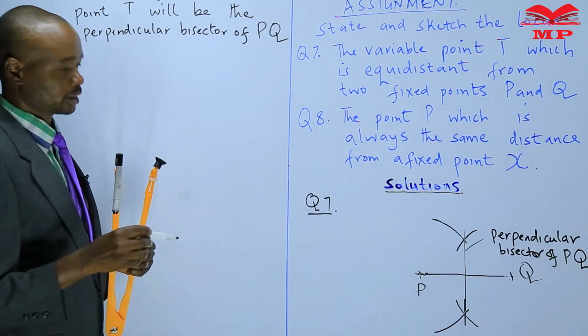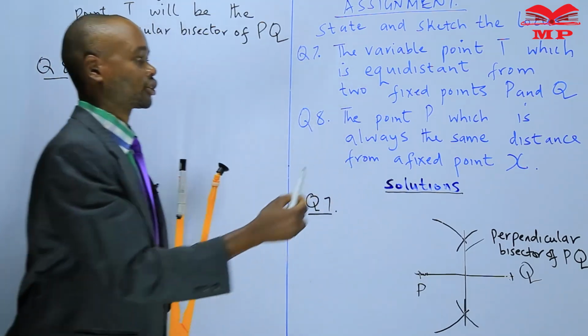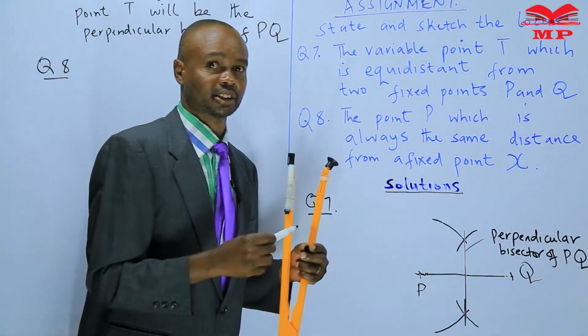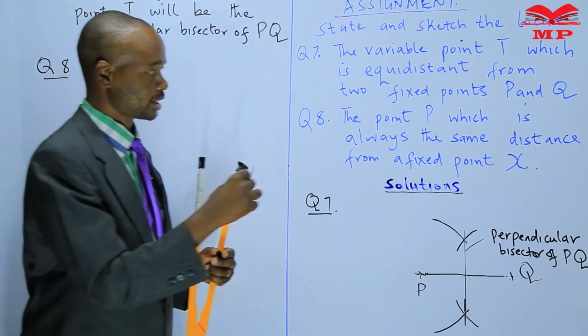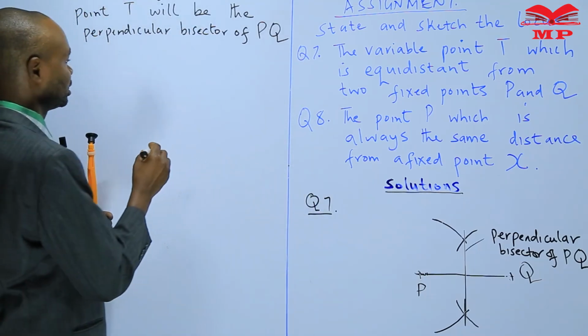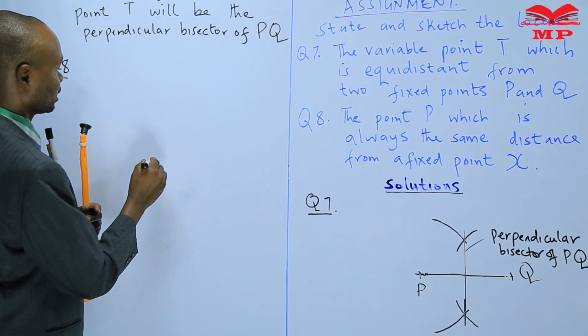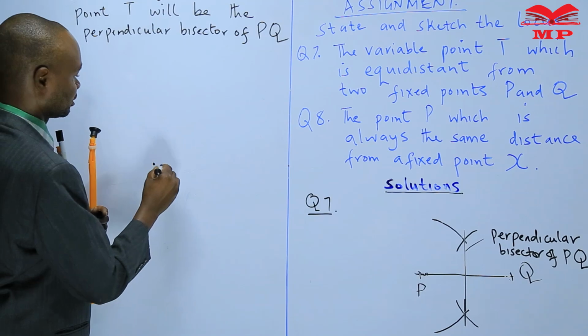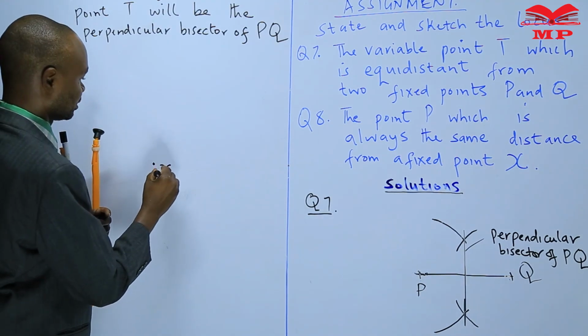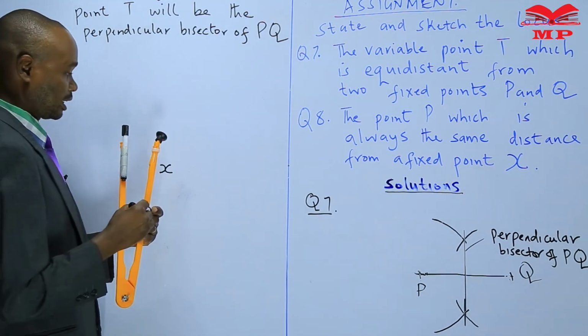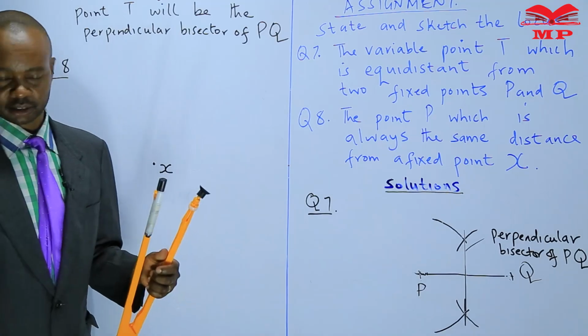There is a law there which is always at the same distance. So I'll have in question 8 to identify my point X.